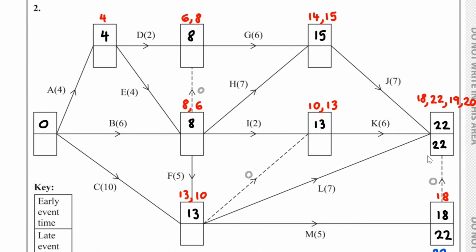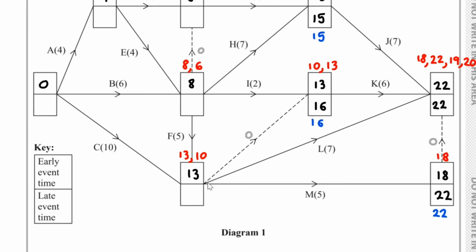Now we have 22 take away the 6, that will be 16, nothing to compare it with, so 16 goes here. And then 22 take away 7, that's 15. Nothing to compare it with, so 15 would go here.